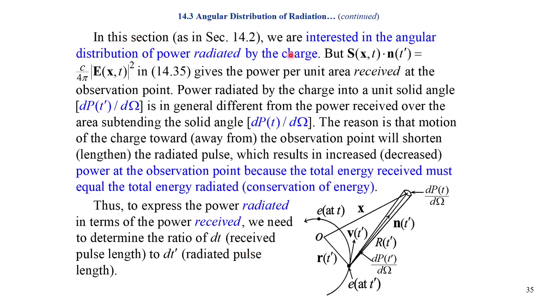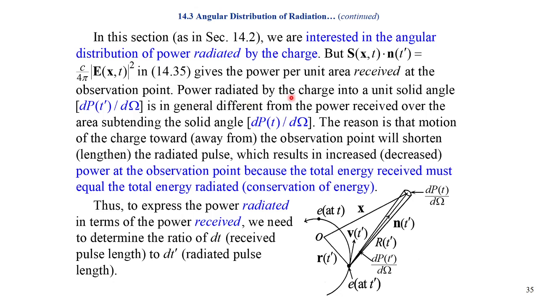In this section, we are interested in the angular distribution of the power radiated by the charge. So S here gives the power per unit area received at the observation point.